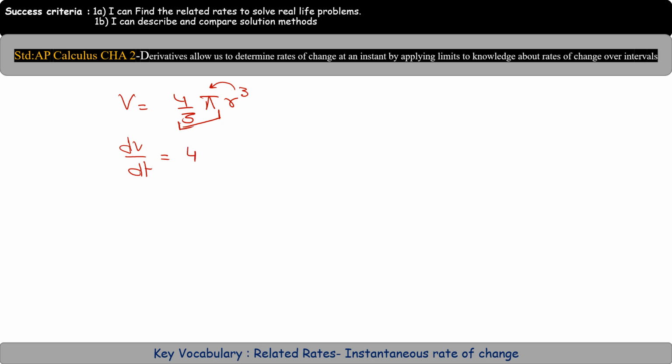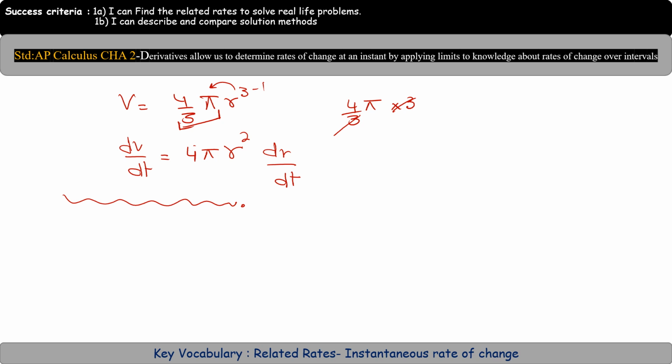So it will give you 4 pi. Use the calculator if you are weak in multiplication or the times table. So the 3s cancel, it will give you 4 pi r, from the power subtract 1, so squared, and in the end we will write dr by dt. So this is the way we use implicit differentiation.